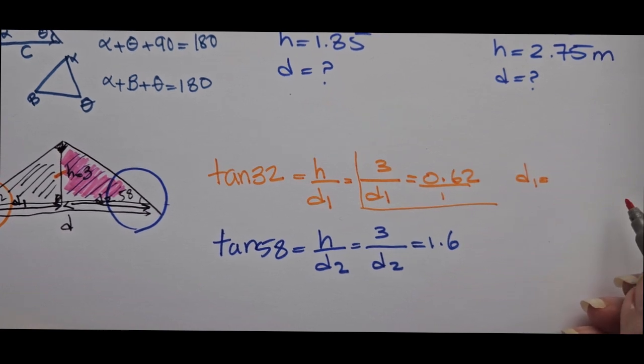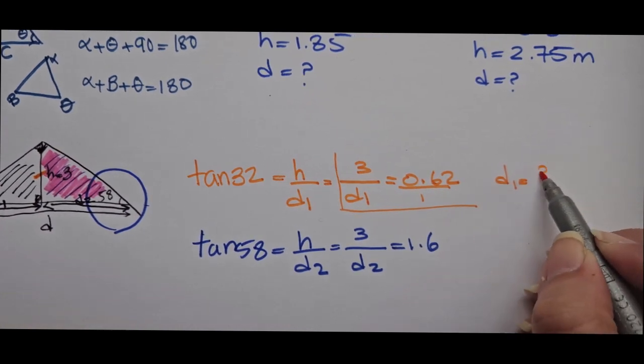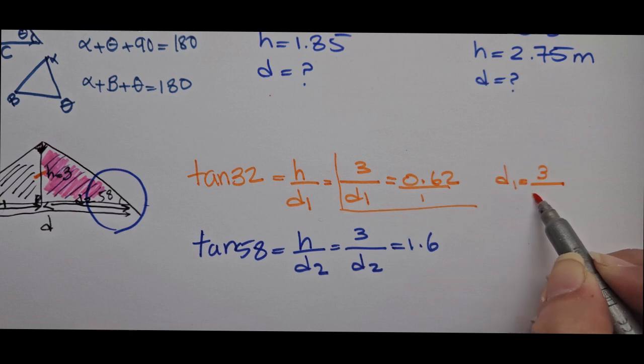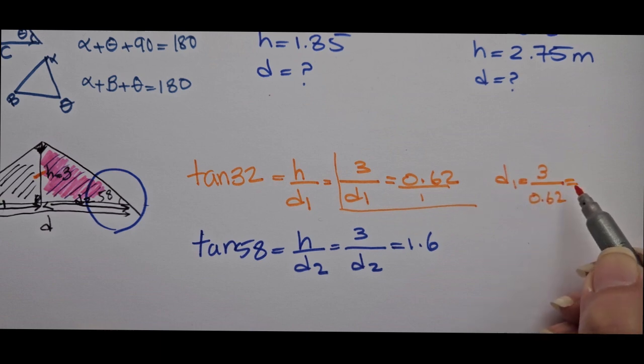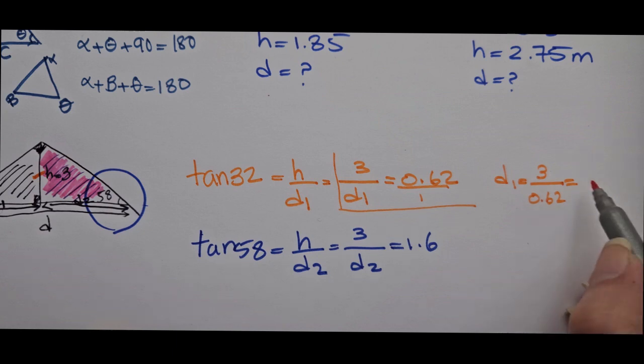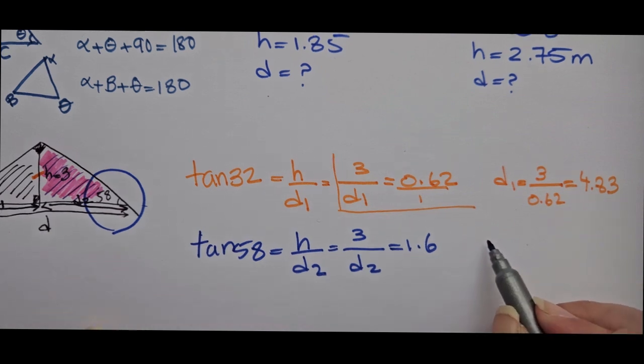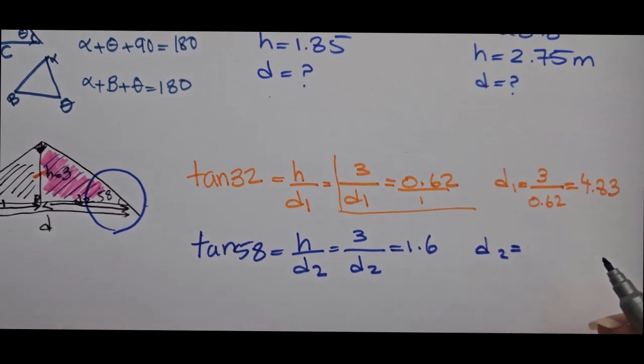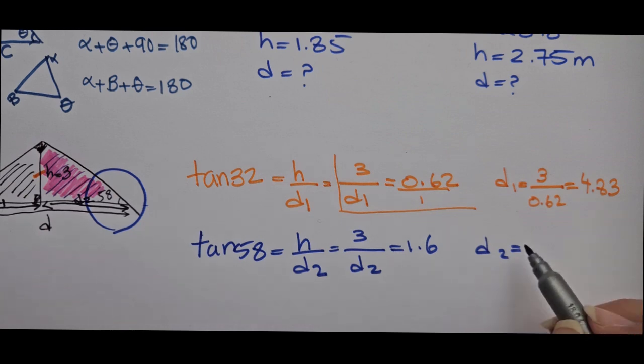D1 would be actually 3 divided by 0.62, and then the final value would be 4.83.